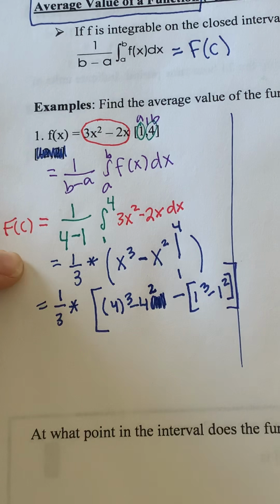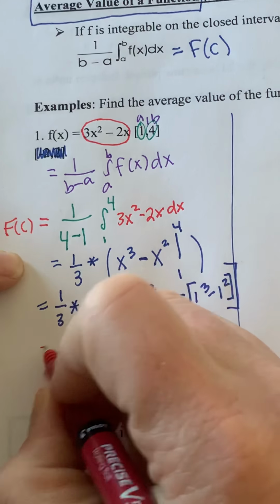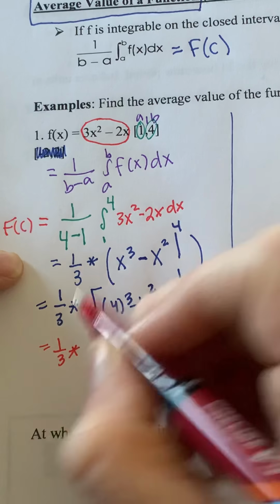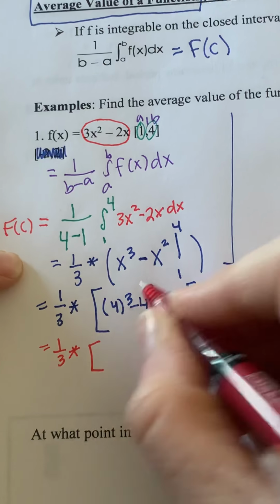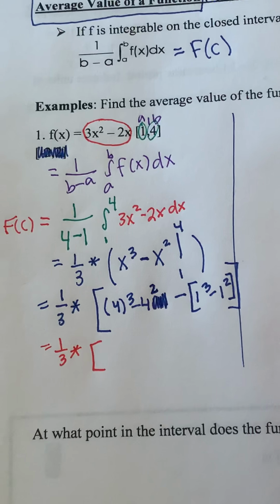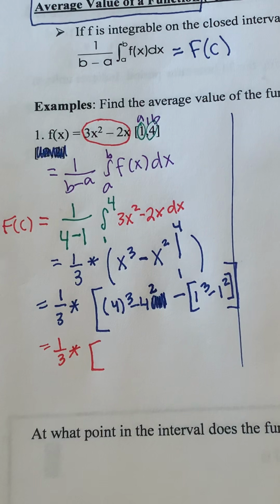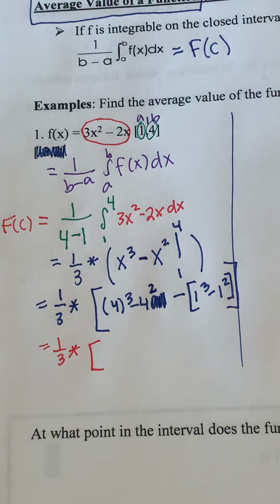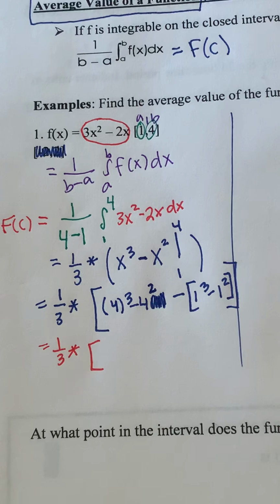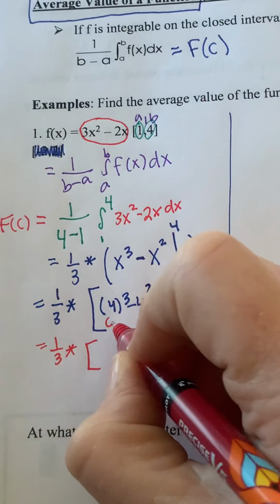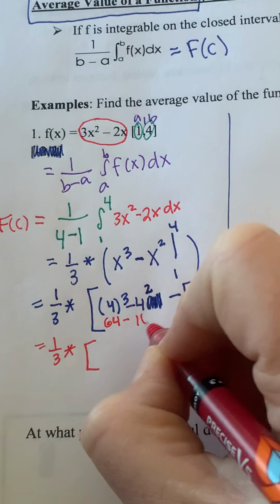All right, so this will be 1/3 times 4 to the 3rd minus 4 squared. 4 times 4 times 4 is 64 minus 16.